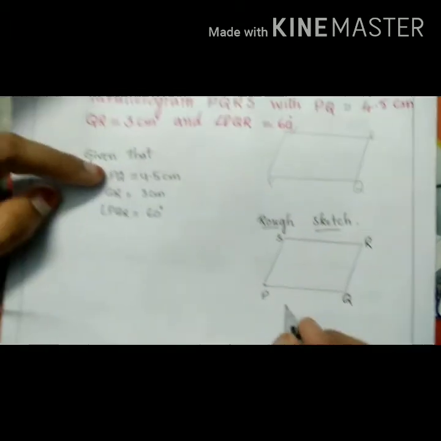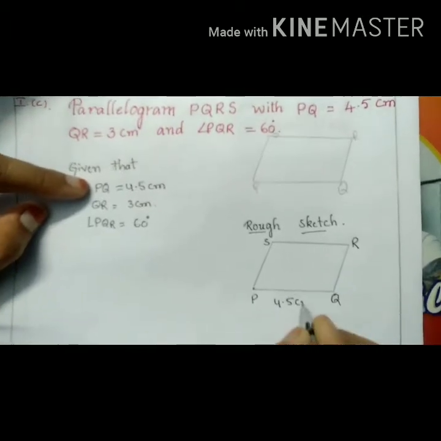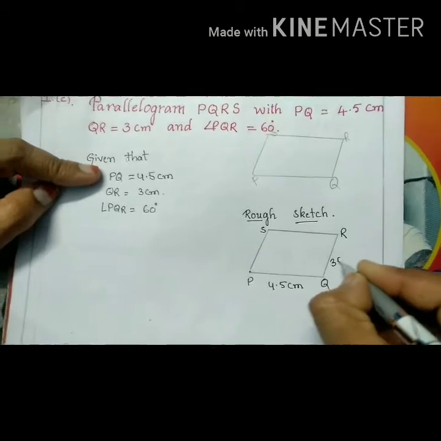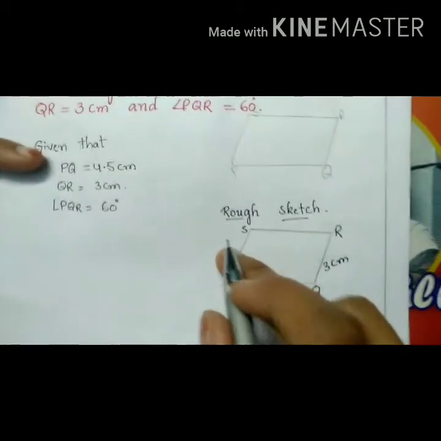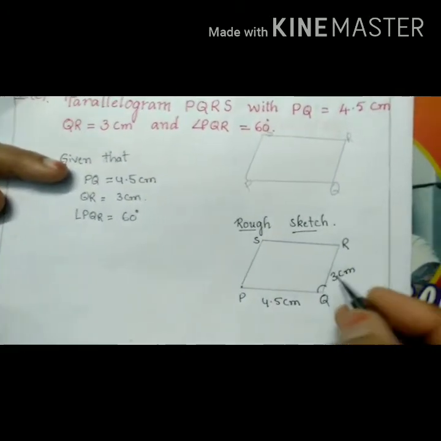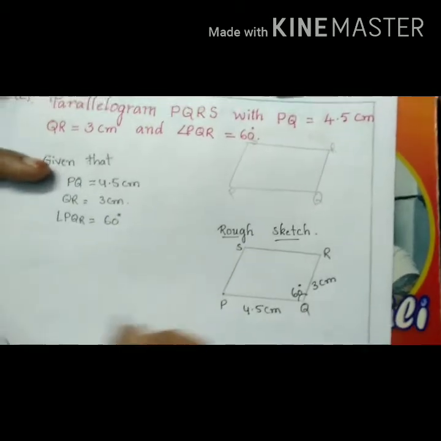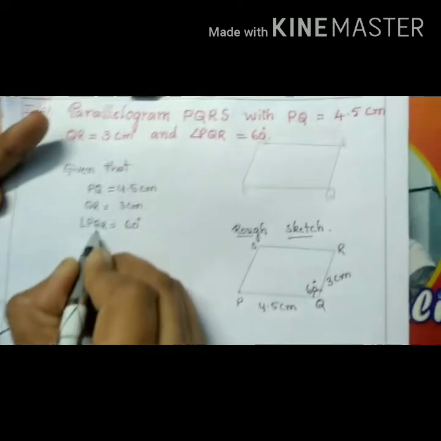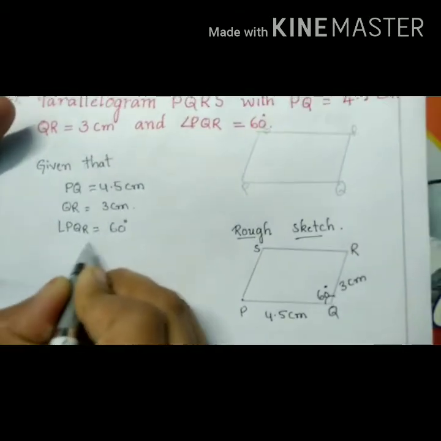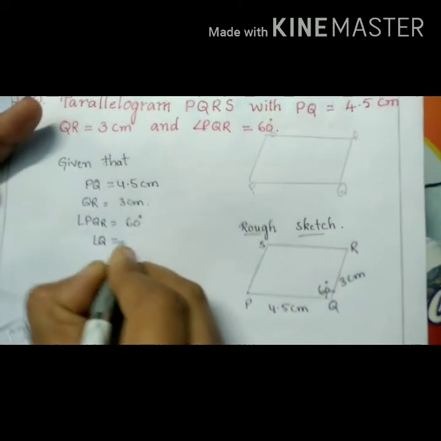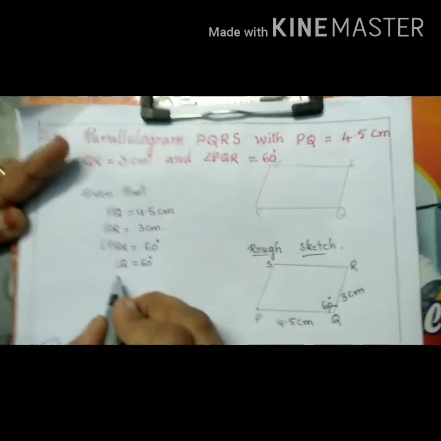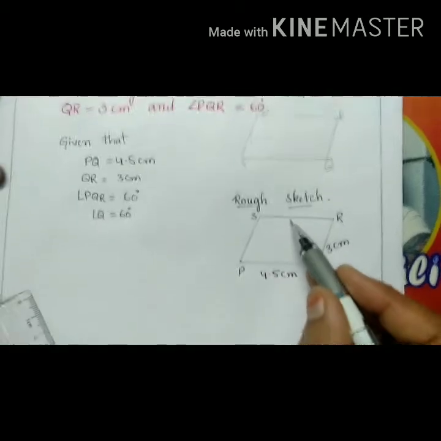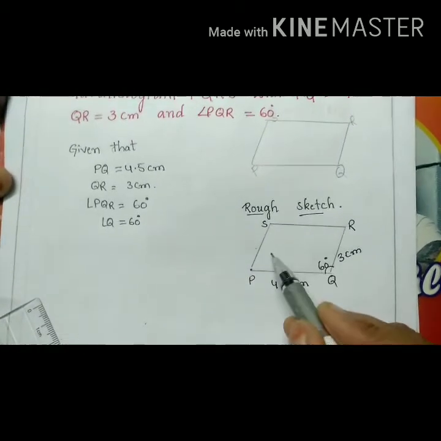So here given 4.5 centimeters: PQ equal to 4.5 centimeters and QR equal to 3 centimeters. Remaining, here angle Q equal to 60 degrees. In angle PQR, the middle letter is the angle, so angle Q equal to 60 degrees. Here, by the properties of parallelogram, opposite sides are equal.